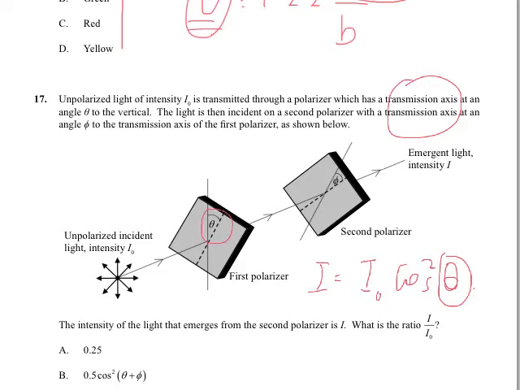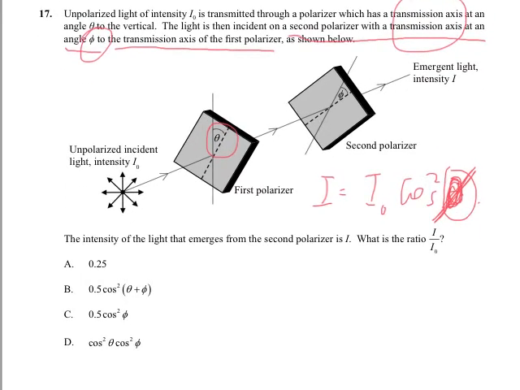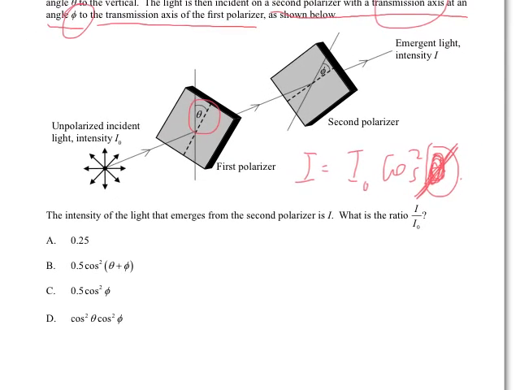But it does state very, very clearly in the question that the second polarizer has a transmission axis at an angle phi to the transmission axis of the first polarizer. So this is your angle here. And the only logical answer would be part C, okay, which gives you the right angle.